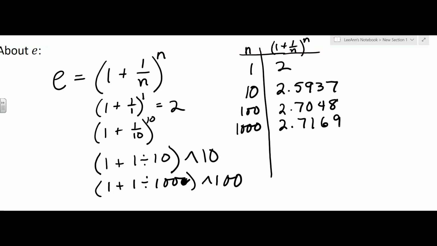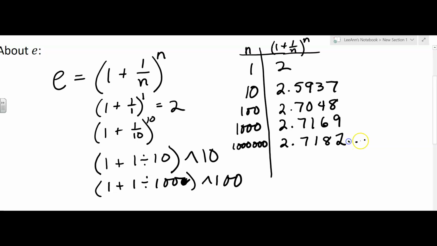Close the parenthesis to the power of 1,000,000. Enter. And so when I put in 1,000,000, I get 2.7182.